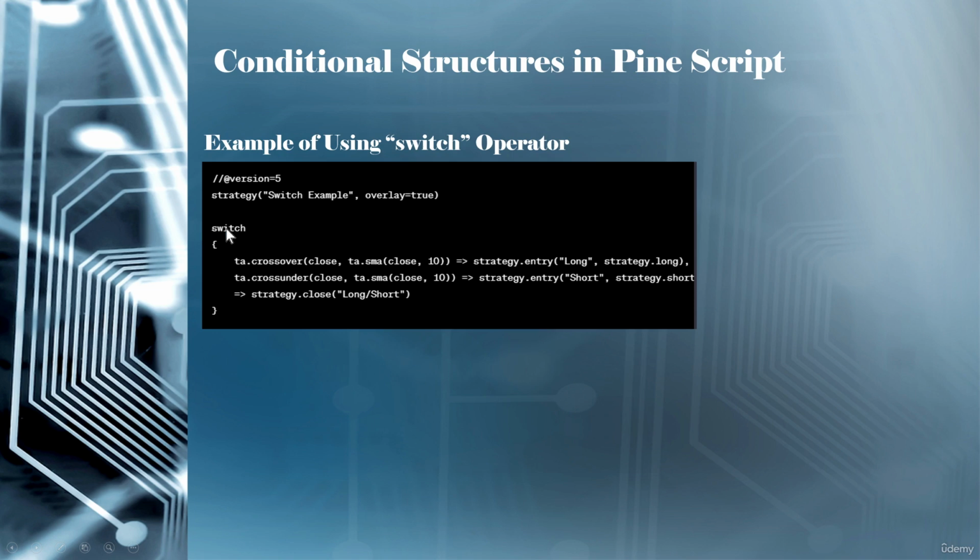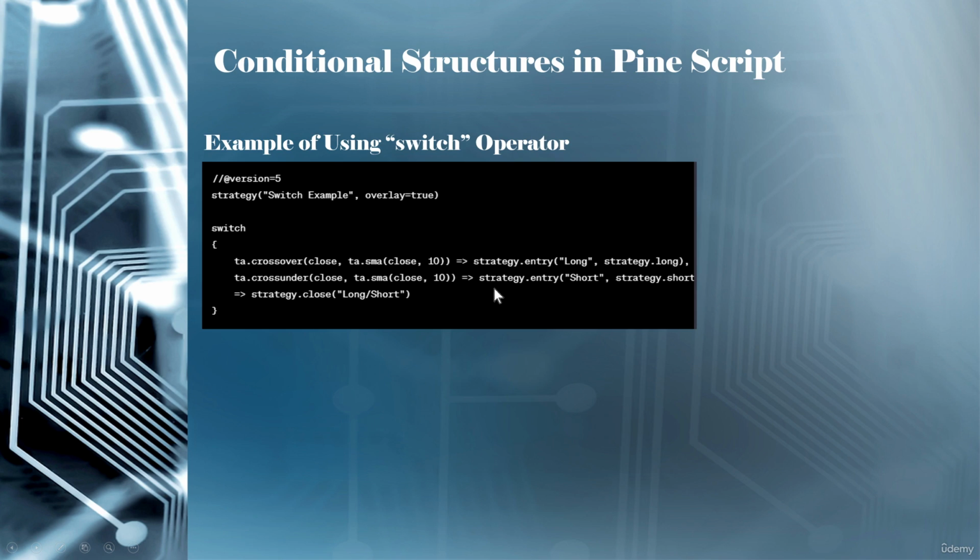So first, when execution of this switch operator is entered, the first condition is checked, ta.crossover. If this condition is true, then this code will be executed: strategy.entry long. So the script will enter a long position. If this condition is false, then this condition will be evaluated: whether the cross-under condition is true or not.